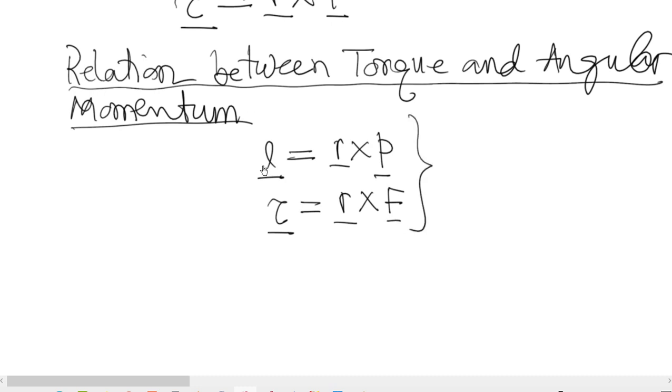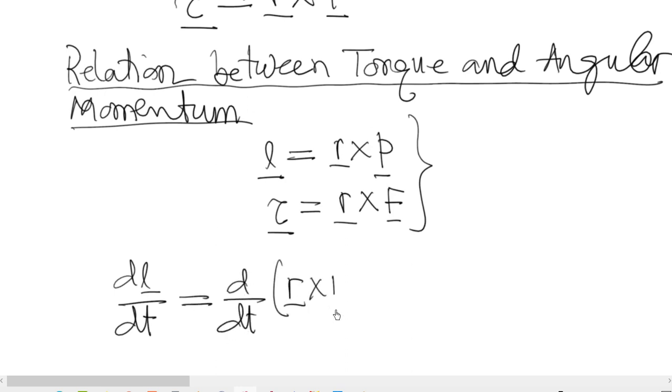If we differentiate small l, the angular momentum, we have dl by dt, which can be written as, for the cross product r cross p, taking derivatives, we will have to remember the order of the vectors, so we'll have to keep the right order.